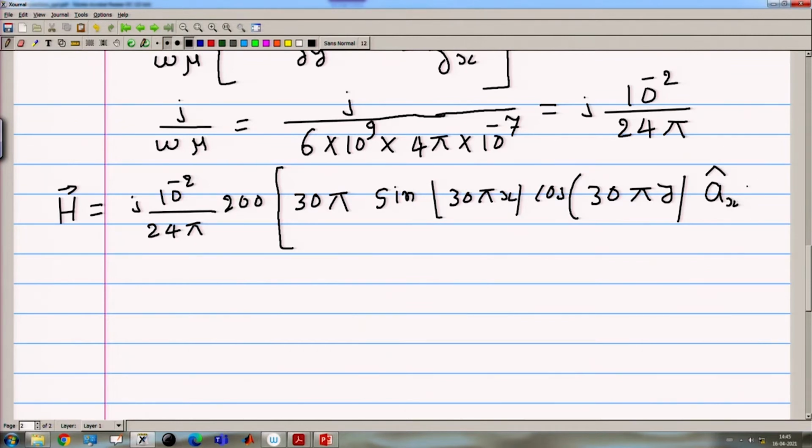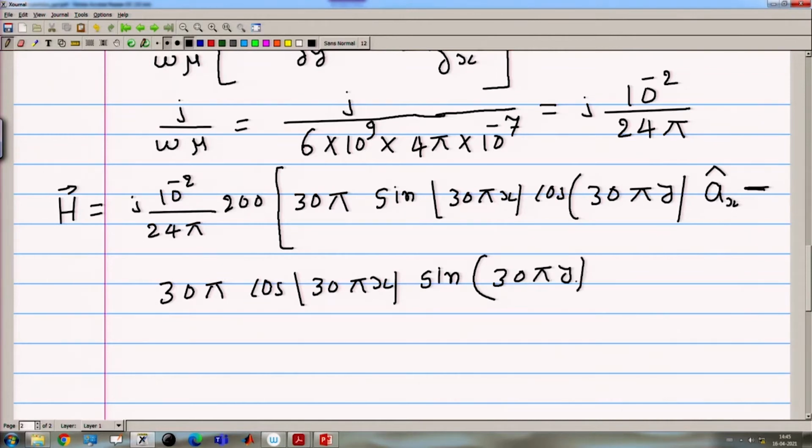We are taking only the complex part, not the instantaneous part; we can add that later. And del upon del x gives 30 pi cos of 30 pi x, and the second term is sine of 30 pi y, into a y.